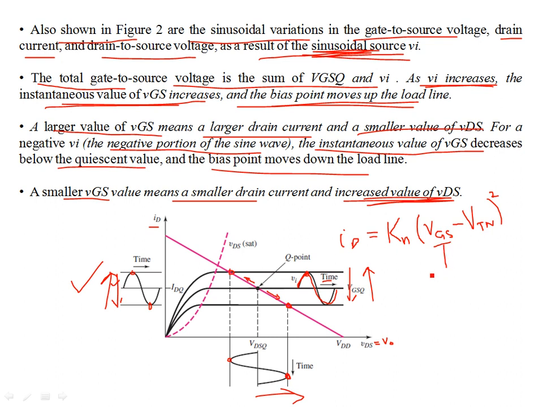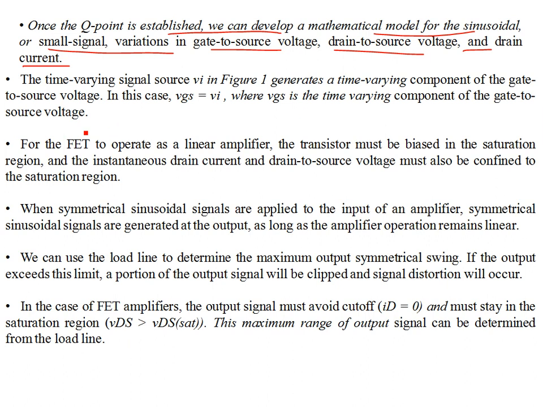You can write this as Vi plus VGSQ. Therefore, if you substitute this voltage into your VGS over here, you will find that this drain current can be bifurcated into the DC current and an AC component of the current, which is due to Vi. So we can develop a small signal model for that as well.